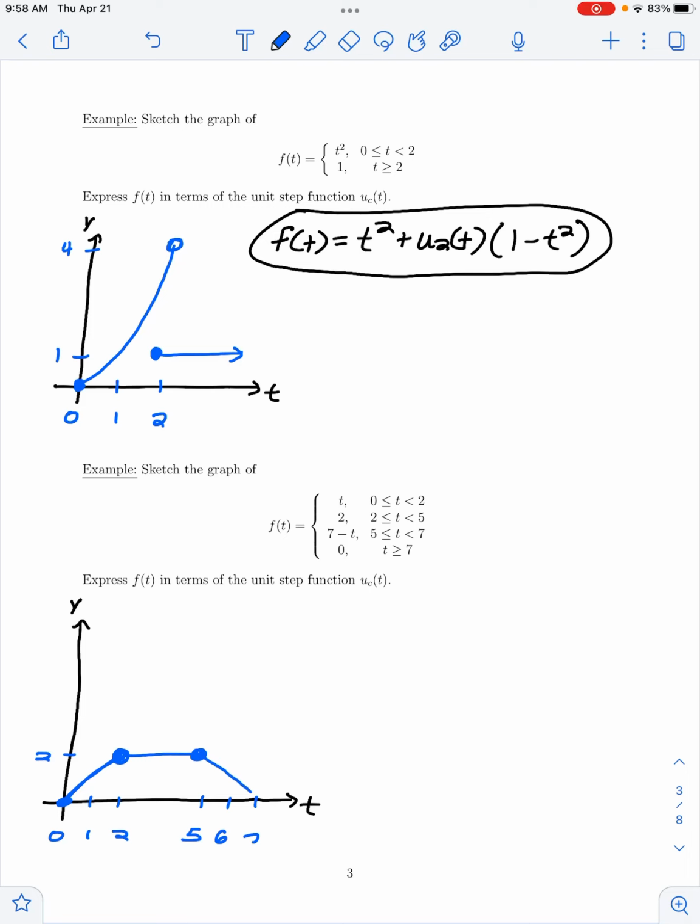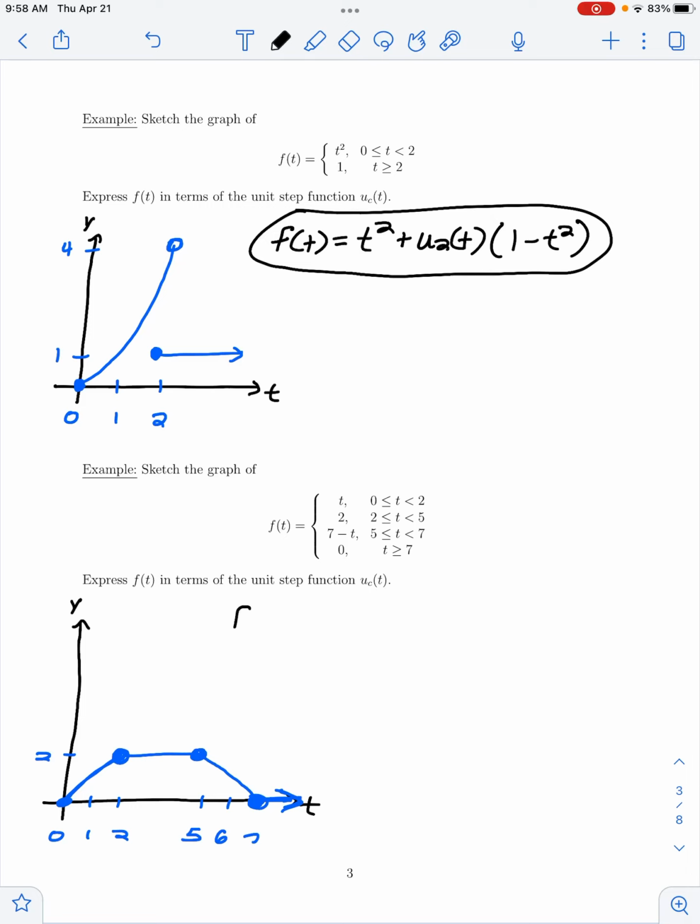So our function is decreasing with slope 1 towards a value of 0. And then for all time greater than or equal to 7, our function remains valued as 0. So we have the graph of our function shown here.